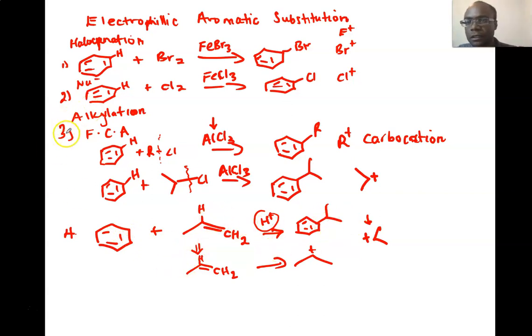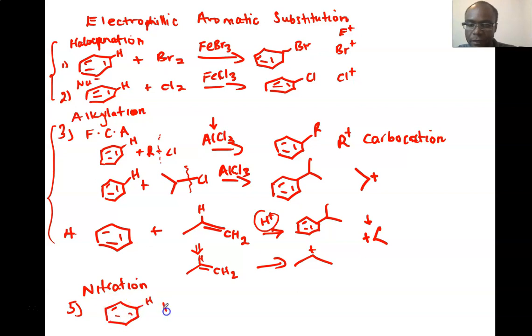So these 3 and 4 are under alkylation. The first was halogenation, and then there's another one, nitration. In nitration, you simply react your ring with a combination of nitric acid and sulfuric acid. Sulfuric acid will be used as a catalyst.